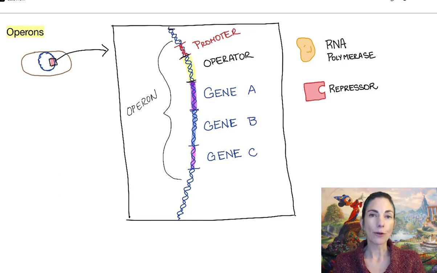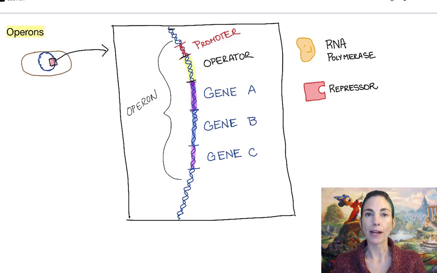So unlike eukaryotes, which controlled gene expression largely by whether or not RNA polymerase was even allowed to the promoter site, in prokaryotes, RNA polymerase tends to be permitted to any promoter site. The control happens with an interaction between the operator and another molecule known as a repressor.